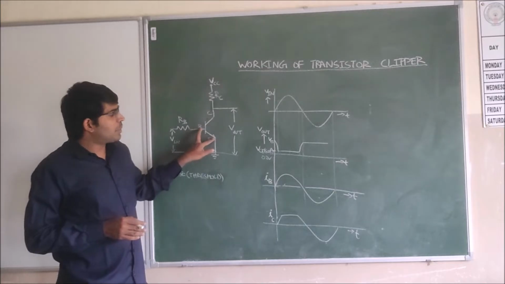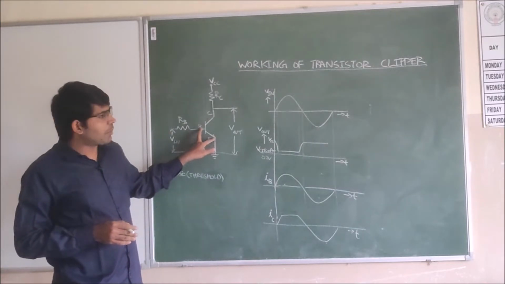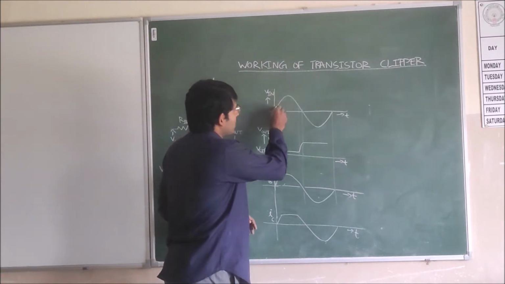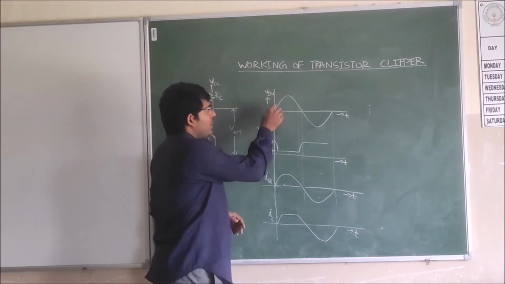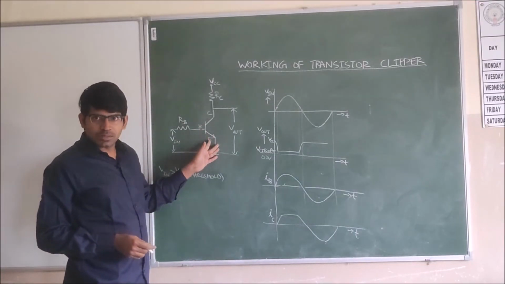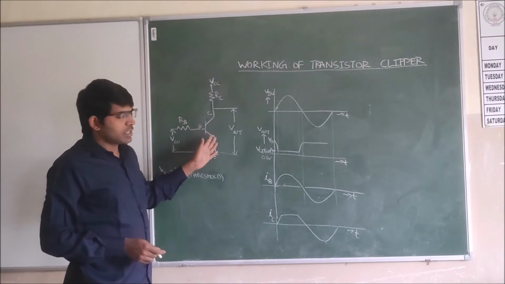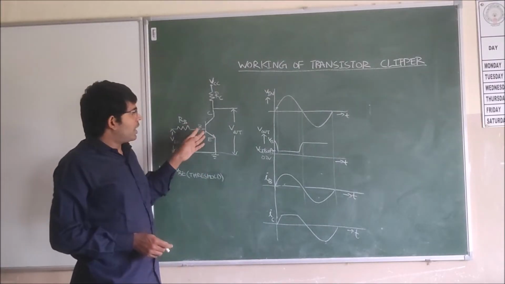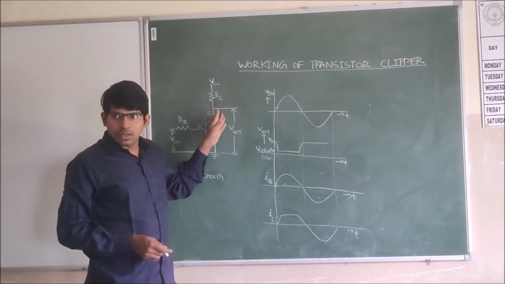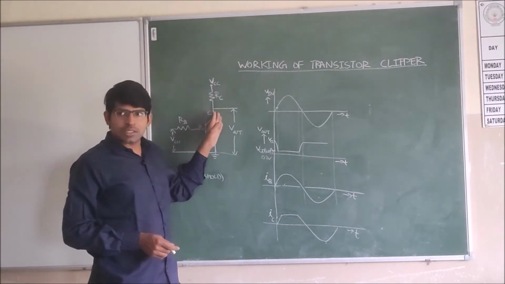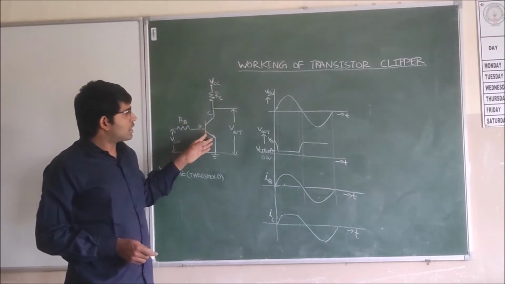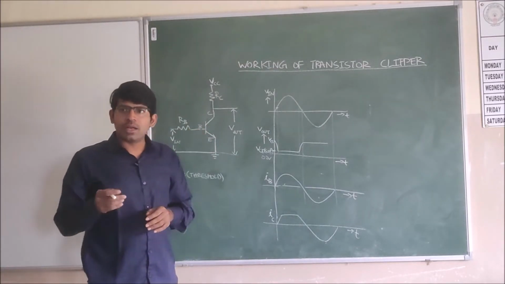When the base emitter terminal gets a supply more than the threshold voltage, this is the threshold voltage, the base emitter junction is forward biased, and at that voltage we are assuming that the base collector junction is also forward biased, and the transistor is working like an on switch.